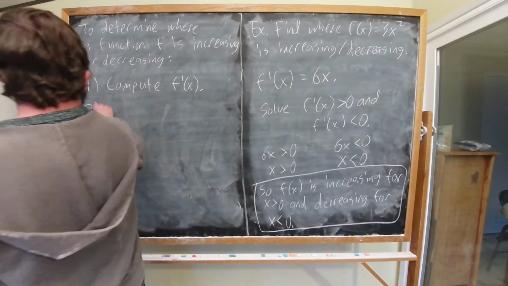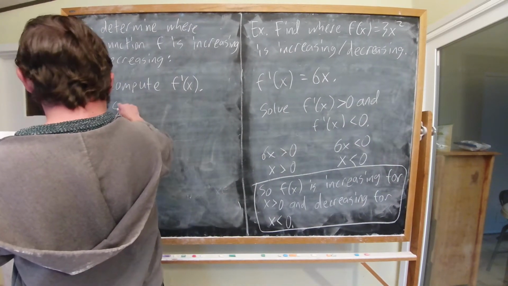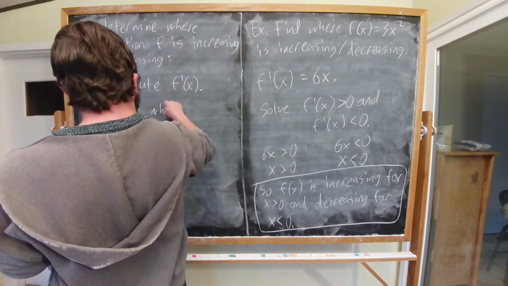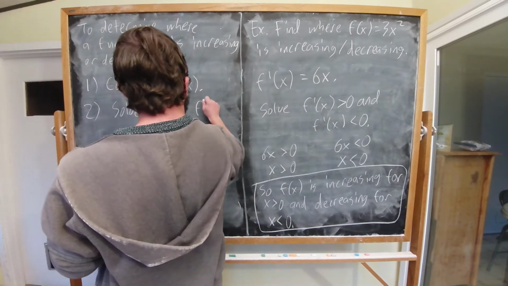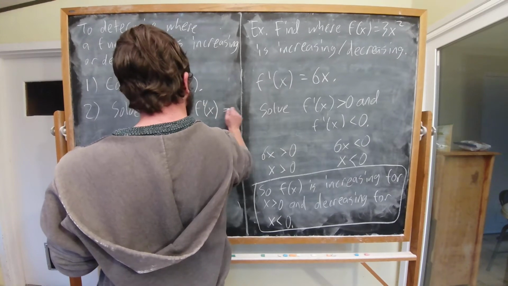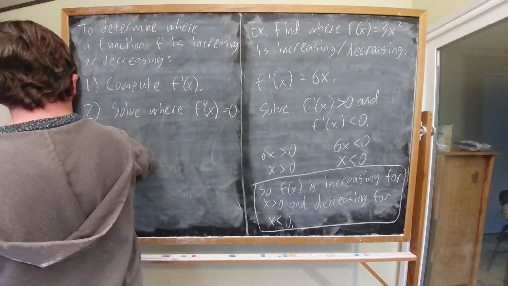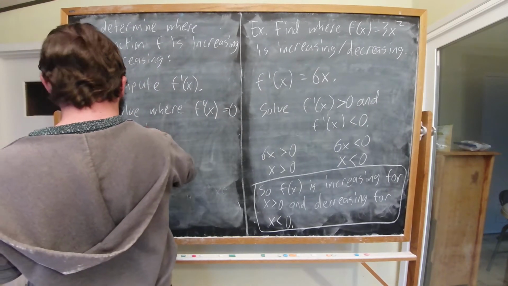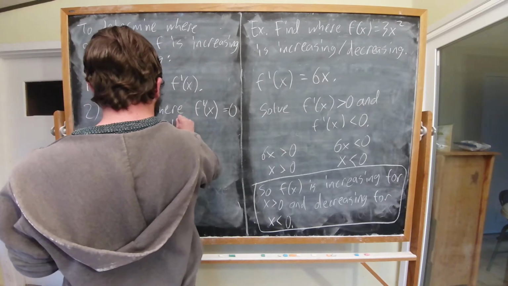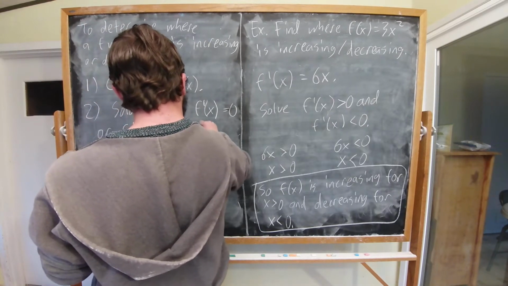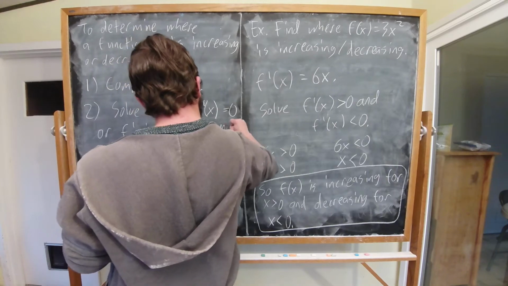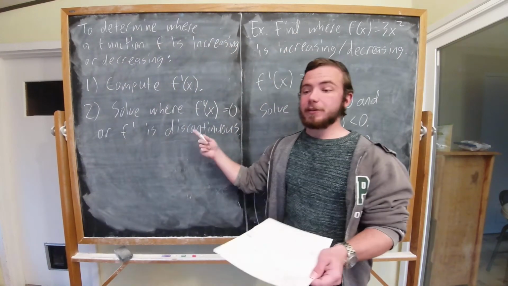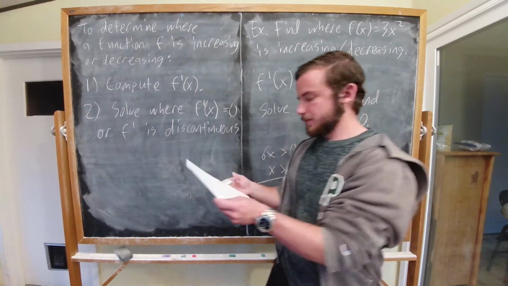So, step 2, we're going to solve where f prime of x equals 0 or f prime is discontinuous. So places where the derivative does jump.